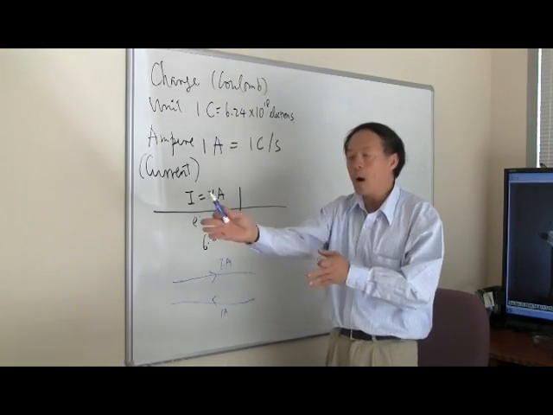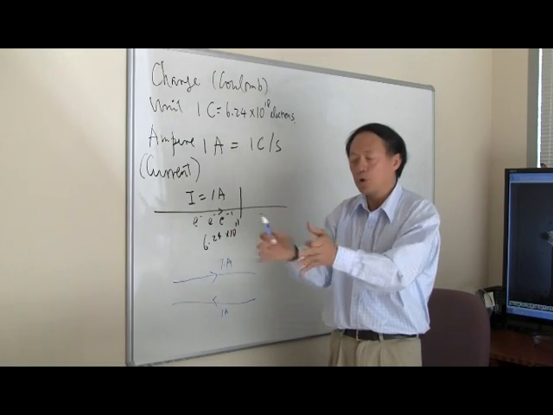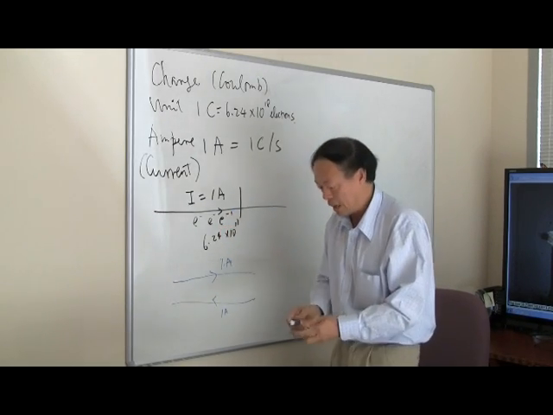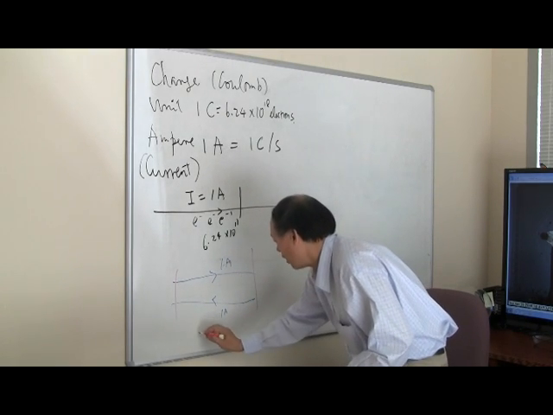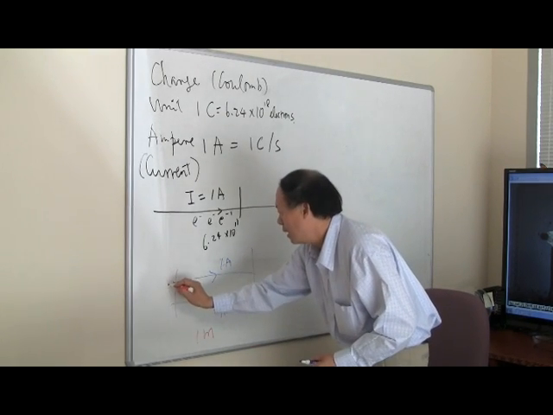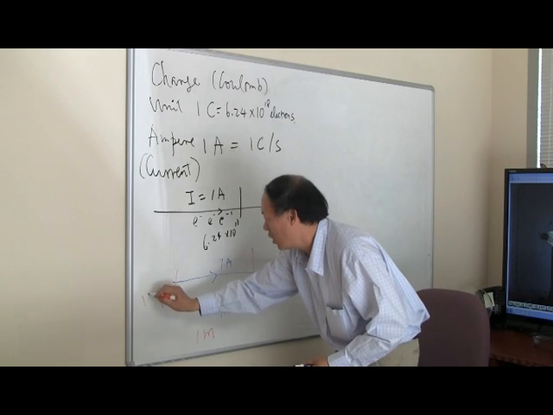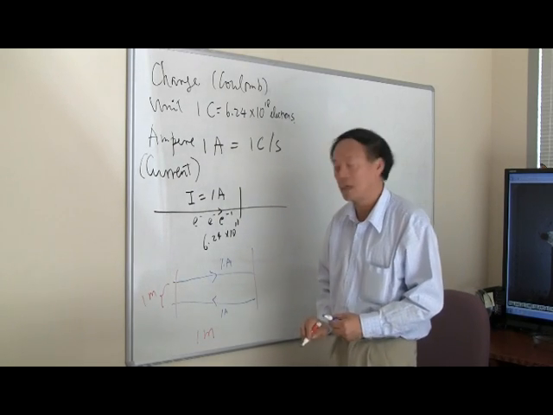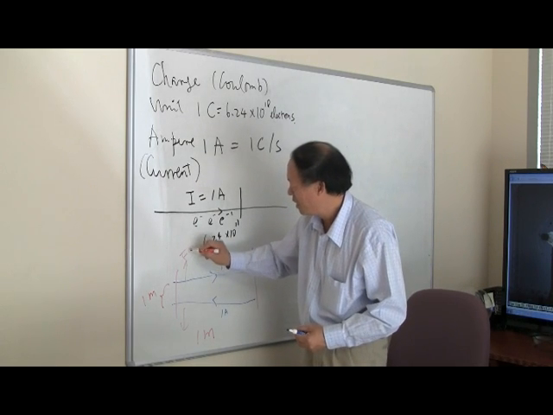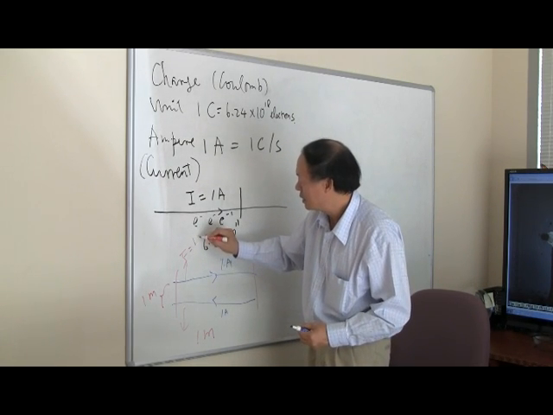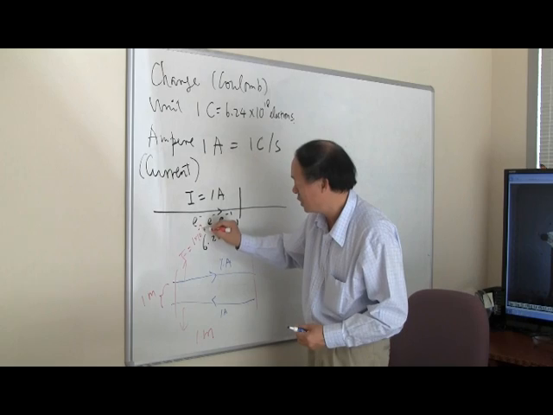This opposing current will push the two wires apart, and over a distance of 1 meter, if these two wires are also separated by 1 meter, then you will have an opposing force F of 1 times 10 to the minus 7 Newton.